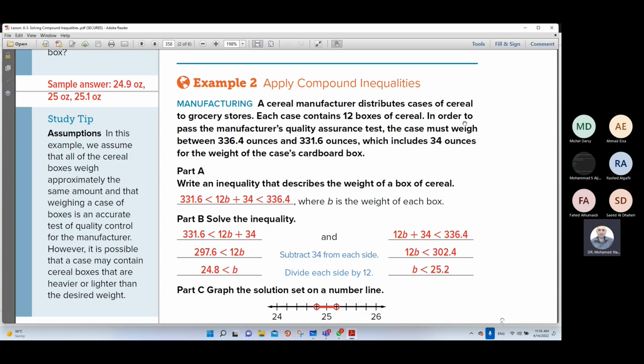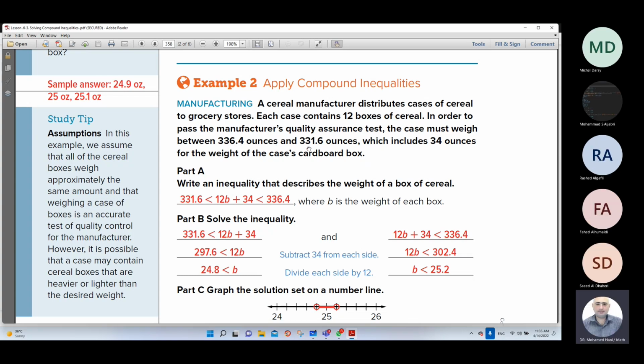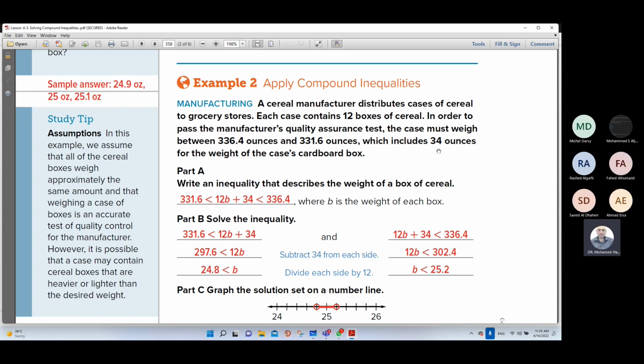In order to pass the manufacturer's quality assurance test, the case must weigh between 331.6 ounces and 336.4 ounces, which includes 34 ounces for the weight of the case's cardboard box.